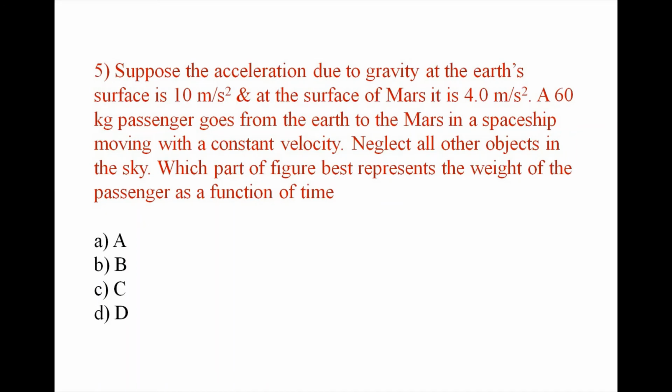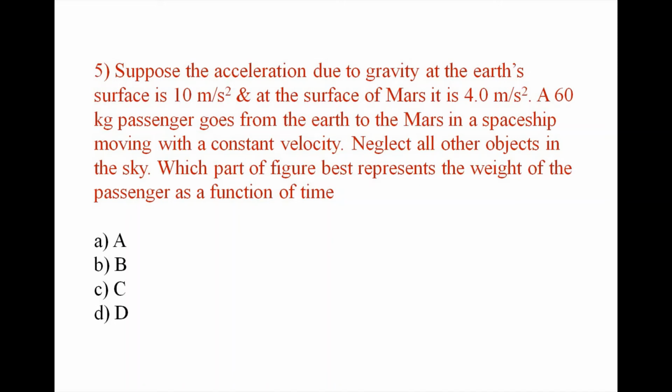Suppose acceleration due to gravity at the Earth's surface is 10 meter per second square and at the surface of Mars it is 4.0 meter per second square. A 60 kilogram passenger goes from the Earth to Mars in a spaceship moving with a constant velocity. Neglect all other objects in the sky.